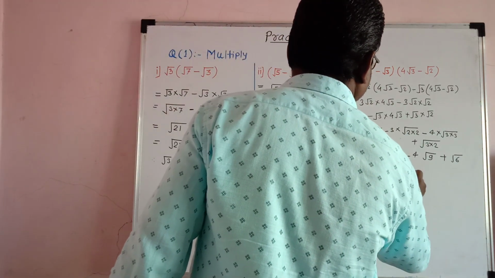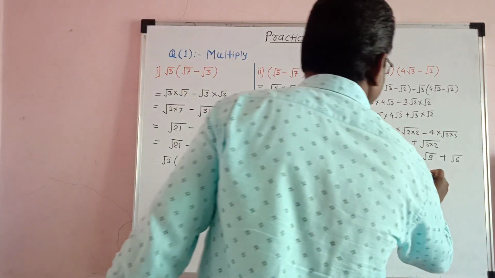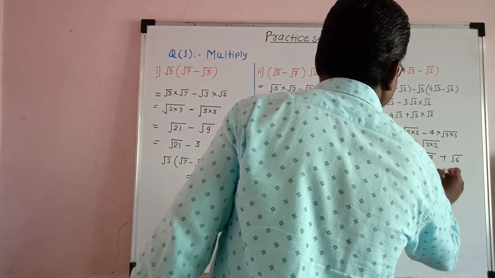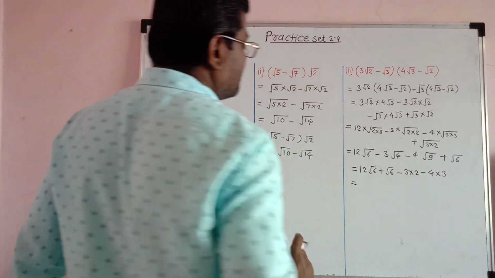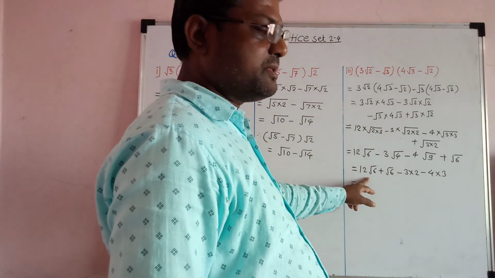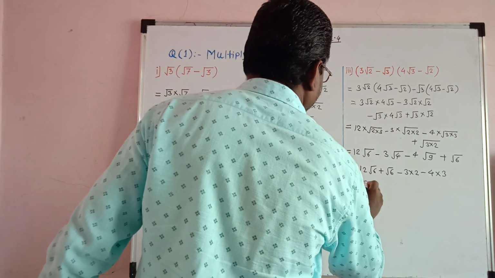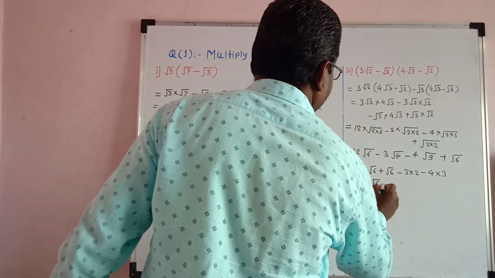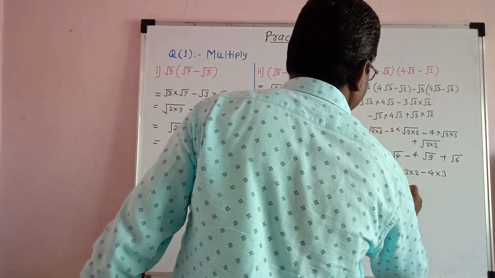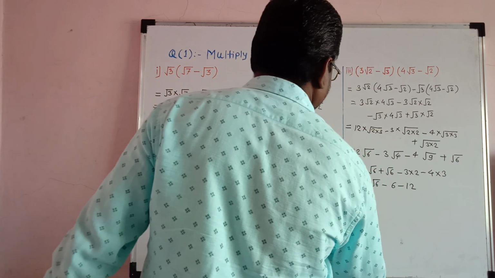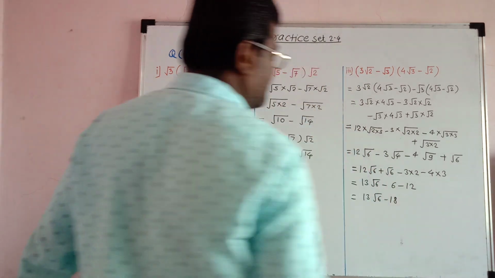Square root of 4 is 2, so we write 3 × 2, minus 4 × square root of 9, which is 3. Now 12√6 and 1√6, that will be 12 + 1, 13√6, minus 3 × 2 = 6 and 4 × 3 = 12, minus 12, is equal to 13√6 − 18.